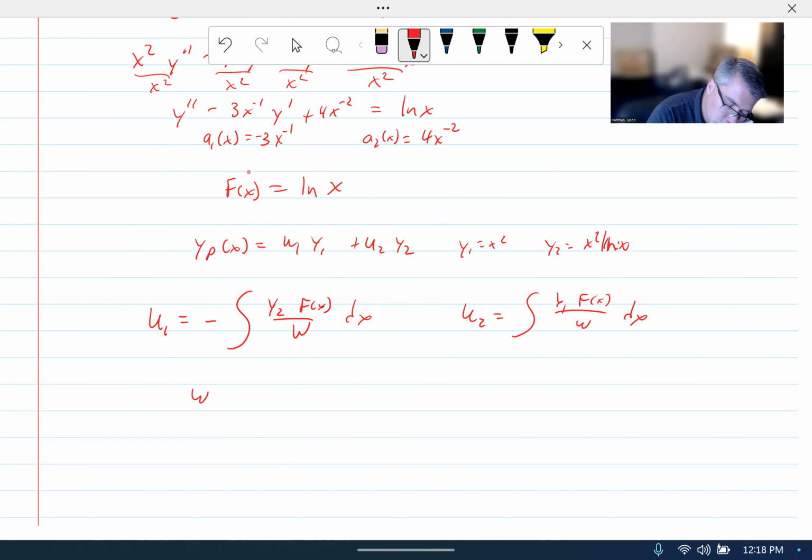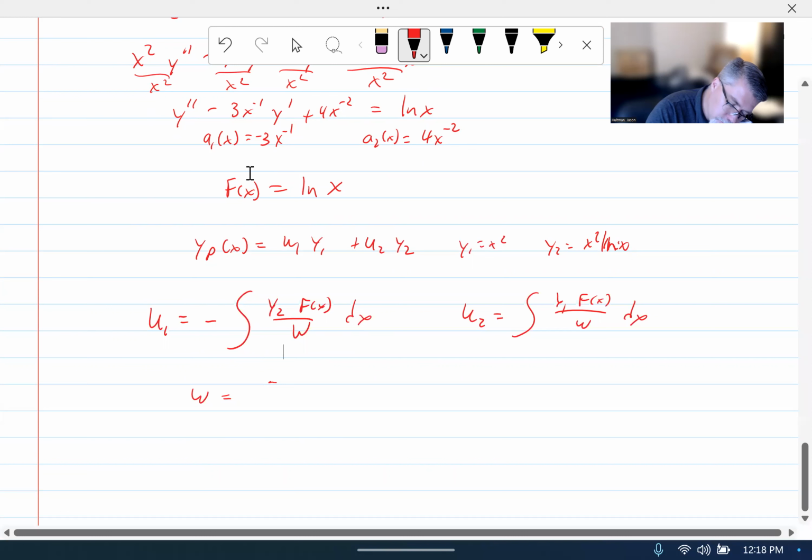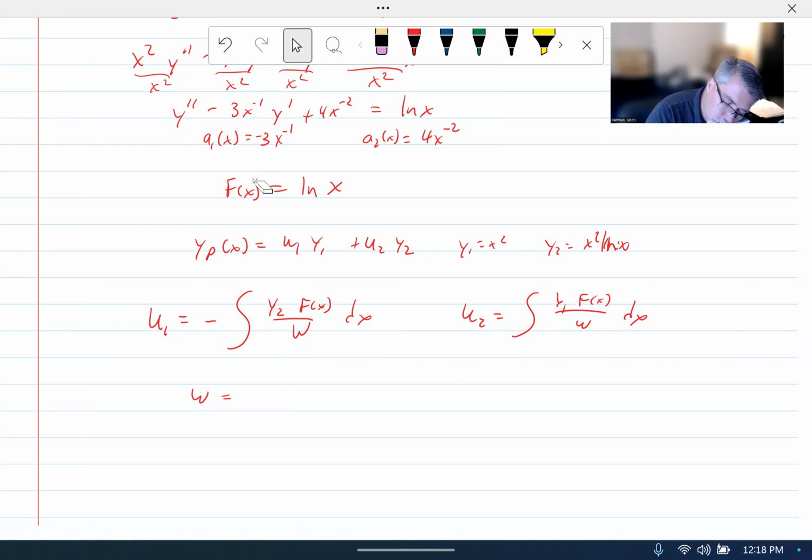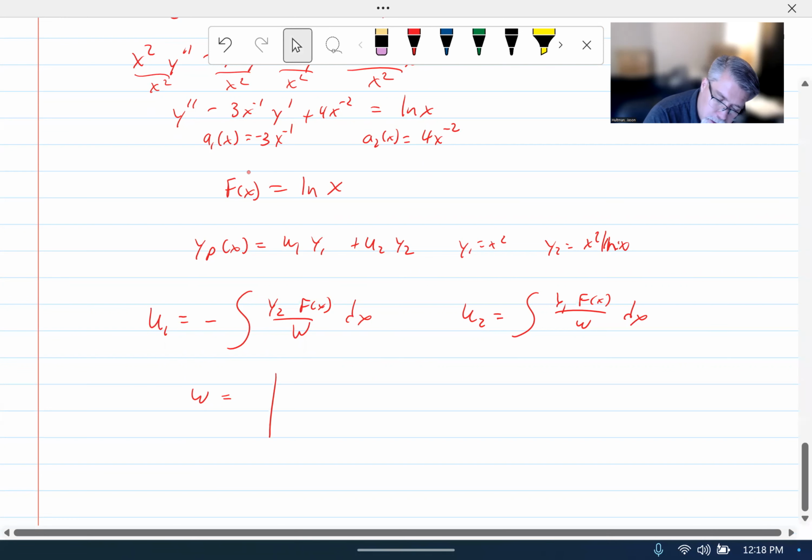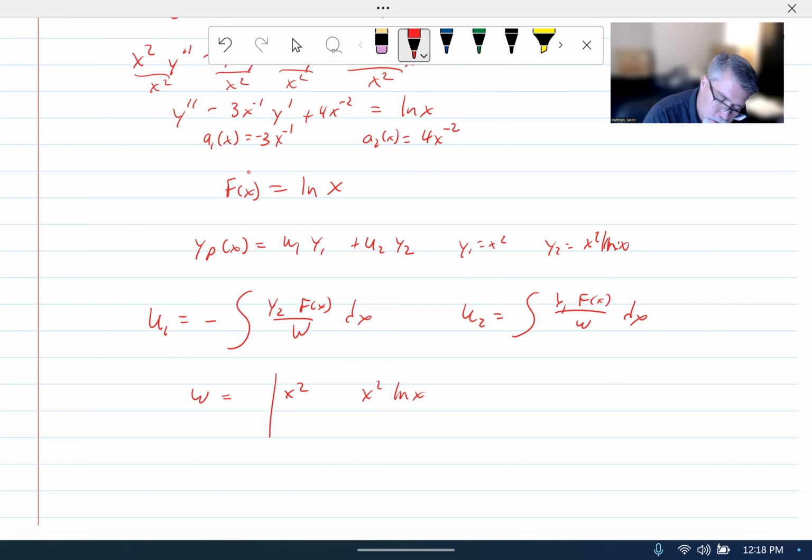Let's just calculate the Wronskian. It's going to be x squared and then x squared natural log of x. So the derivative here is 2x, and the derivative here is going to be 2x ln x plus x squared over x, which is just x. Okay, so let's find the determinant of this.